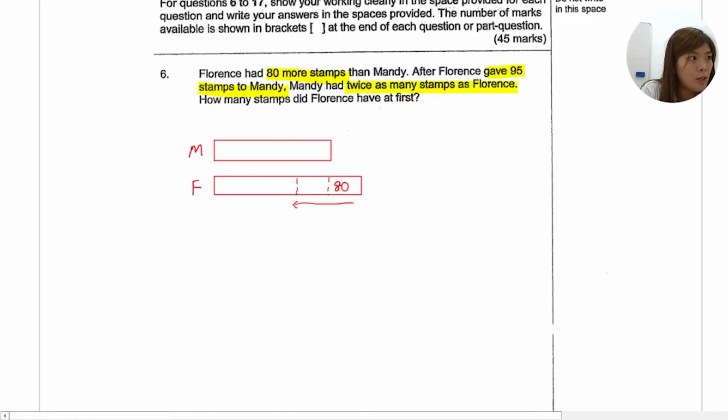If here is 95 and here is 80, here would be 95 minus 80. 95 minus 80 is 15, so here is 15. So this whole thing is 95.